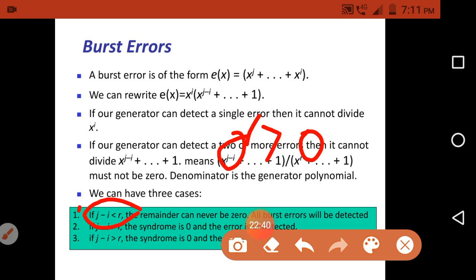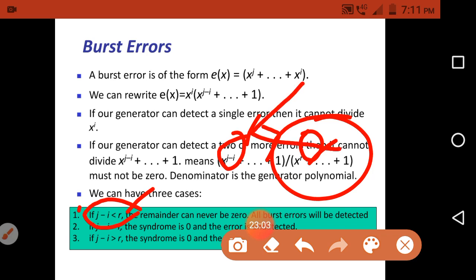What is j minus 1? It is nothing but the degree of the error polynomial, that is, j minus 1 is the degree of the numerator. And r is the degree of the denominator.